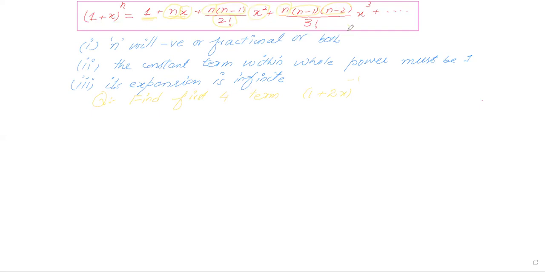And then you will take the x cube. How many factors? 1, 2, 3 factors, and the denominator contains 3 factorial. Then what's this x cube? This is not the x cube, that is the cube of the second term. Is it clear? Any doubt? Now I will explain this question with the help of this formula.